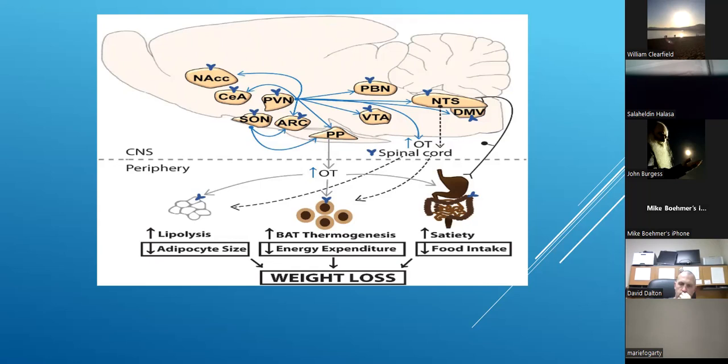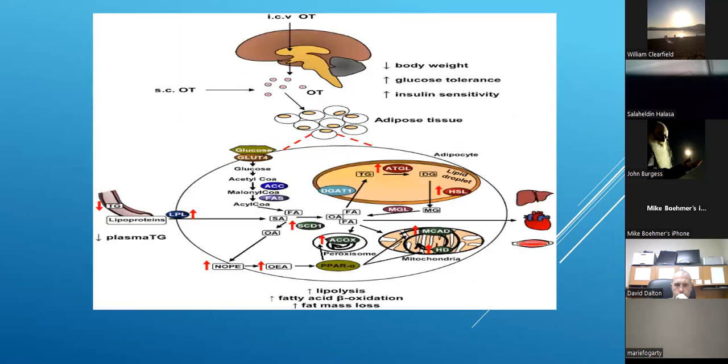You need to reduce the fat, you need to burn the fat, you need to turn those white fat into brown fat, and you need to stop the craving of food, the satiety thing, right? You need to decrease the food intake. And I think oxytocin can accomplish that, whether giving it intranasal up to 100 international units per day, or up to 10 international units subcutaneously around the umbilical.